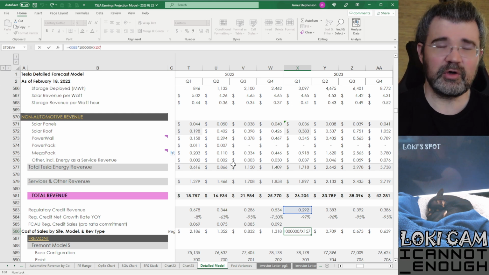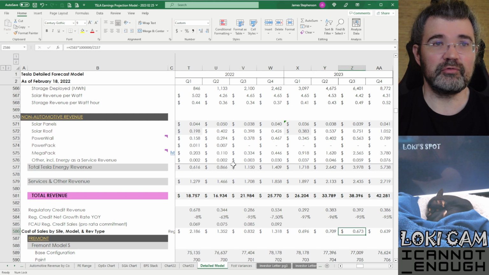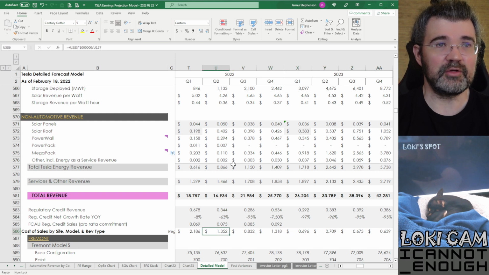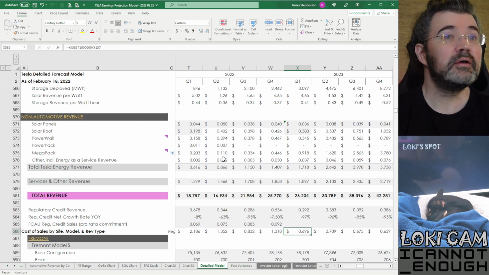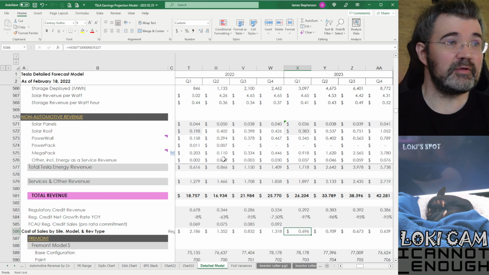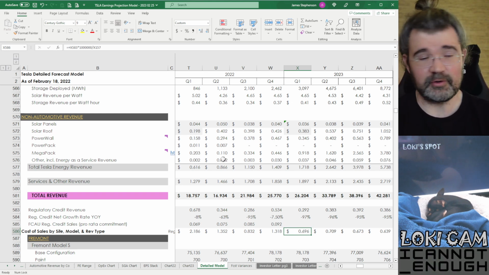So this is giving you the total regulatory credits per vehicle sold. So these are lower than they were last year. So they've been knocked down. And that's the end of the revenue sections. That's stage 2. Stage 2 figures out how much revenue there is.